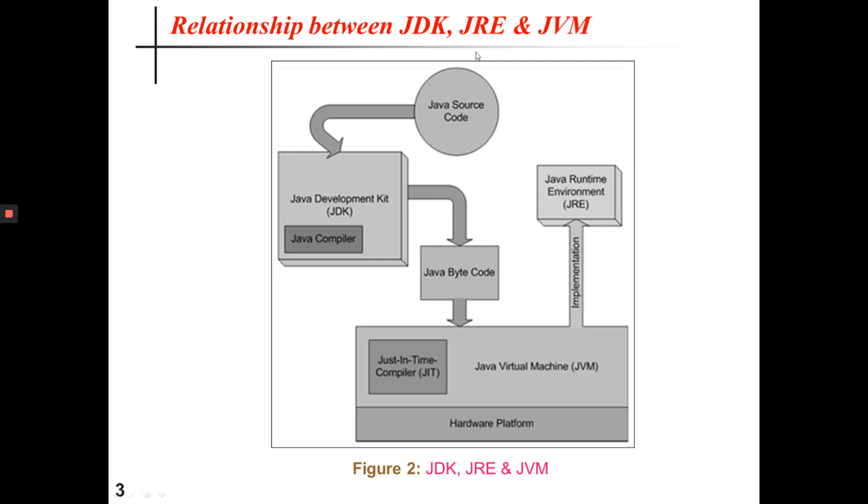So let's have a comparative study of the JDK, JRE, and JVM. This figure will illustrate the concept. What is the relationship between JDK, JRE, and JVM? Java Development Kit or JDK is the full featured software development kit for Java, which includes JRE.